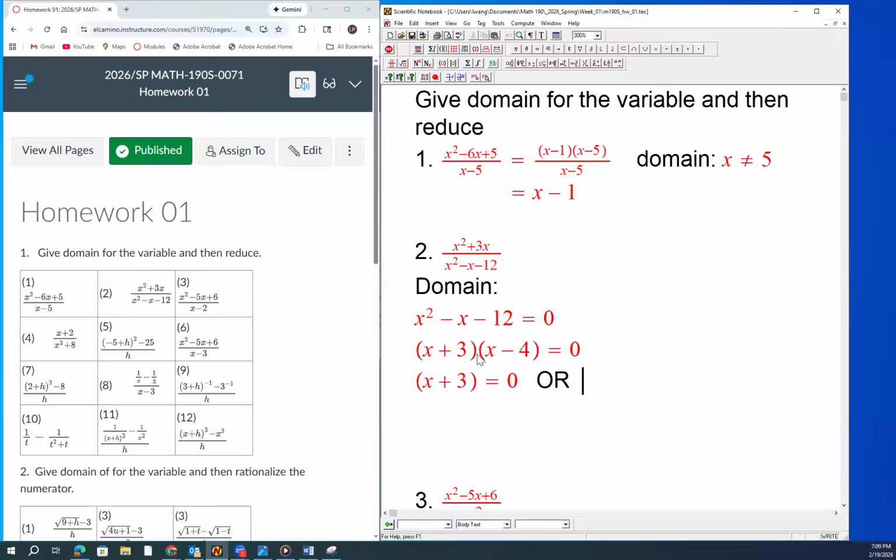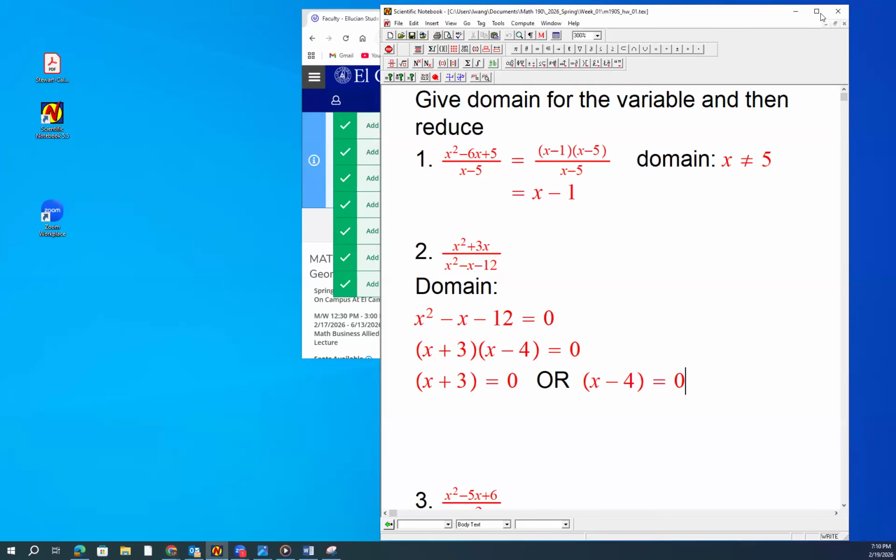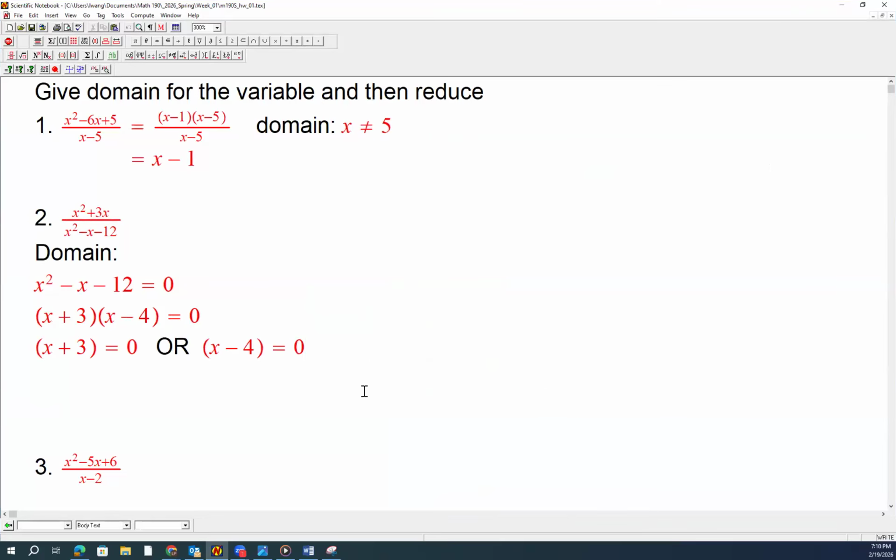Or x minus 4 equals 0. I'm going to close the other window and make this a full screen, and we can also remove these parentheses.